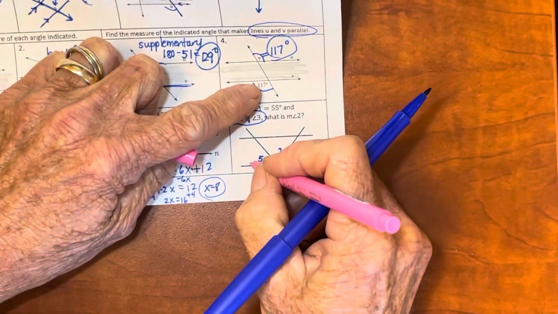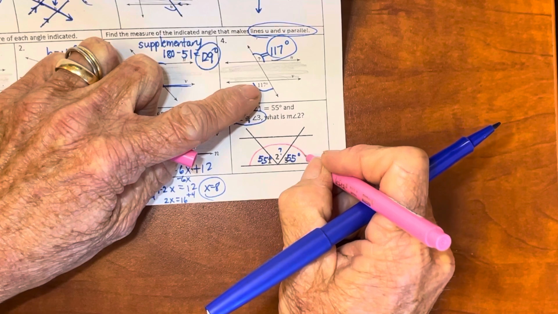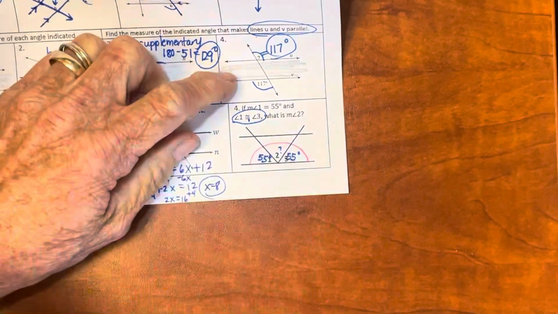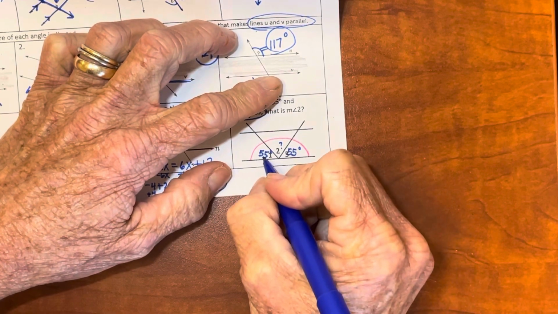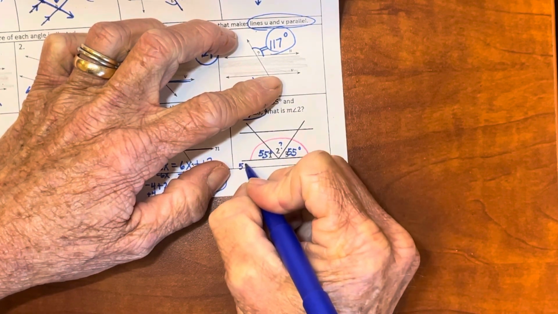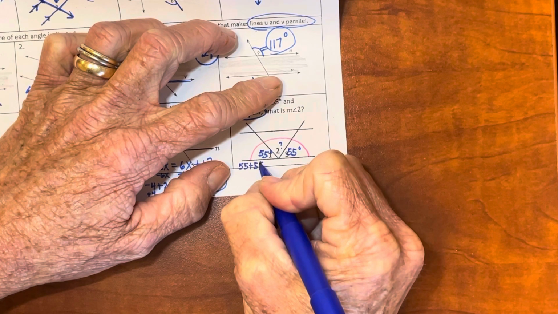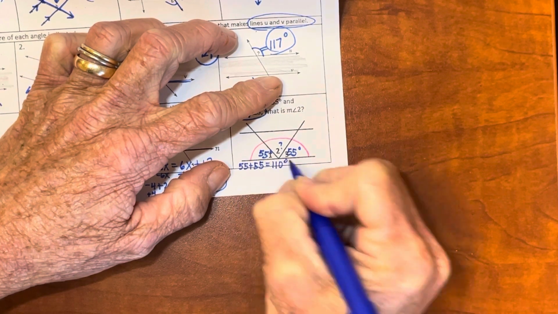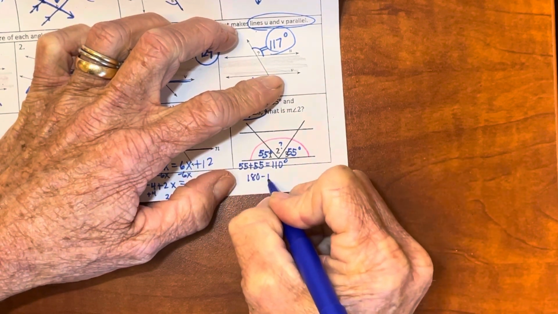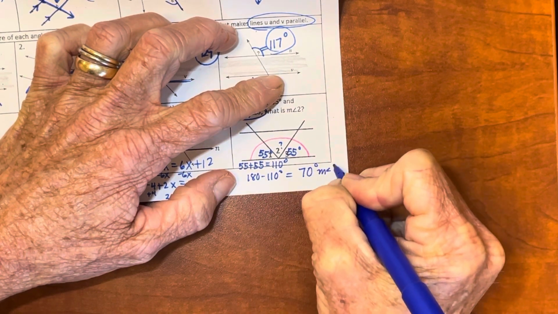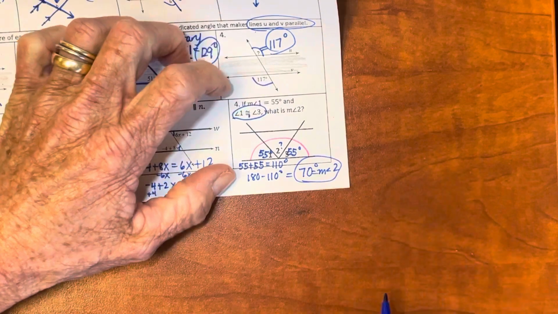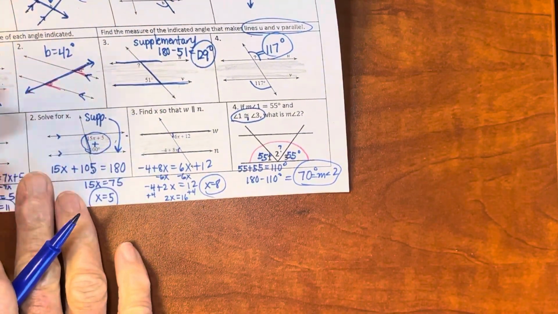Well, they don't make a linear pair, but these 3 angles will equal that complete 180 degree rotation. So 55 plus 55 is 110. If we subtract that from 180, that's going to give us the measure of angle 2. The measure of angle 2 is equal to 70 degrees.